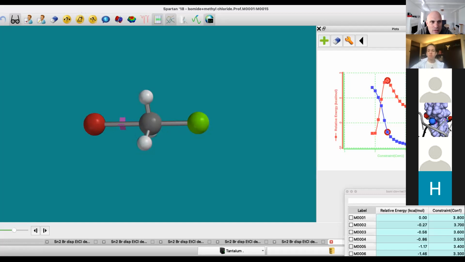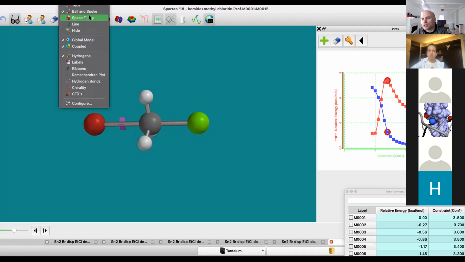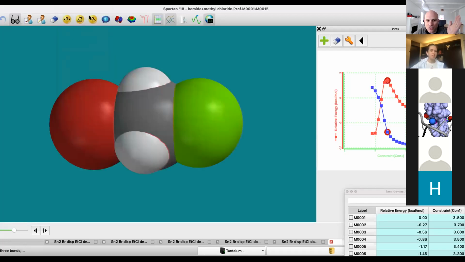And this is where the modeling is good, because we draw these line structures, and they tell us nothing about the steric interactions. If we switch to the space fill, what you're looking at are the van der Waals radii of the atoms, okay? And so anytime you see a flat surface, like between the carbon and the chlorine, that's the van der Waals radii overlapping, okay?